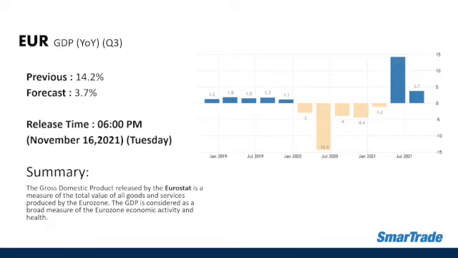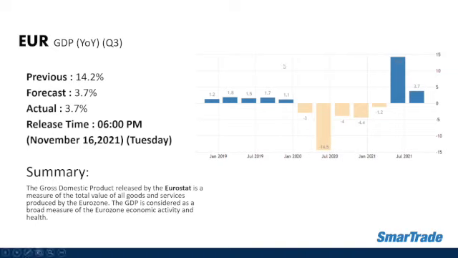The previous data is 14.2%, and the market forecast at 3.7%. The actual data is 3.7%, but this one is very alarming in my opinion for the Eurozone, since the yearly basis for the last third quarter was 14.2%, but there's a sudden decline in the actual data to about 3.7%.